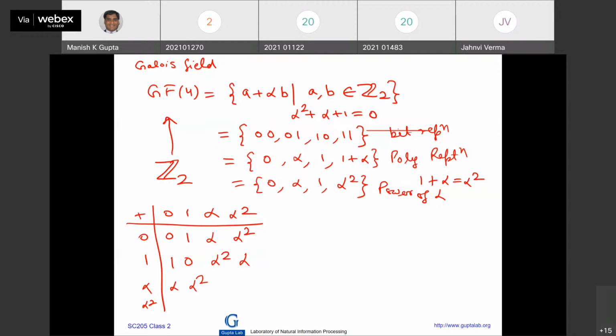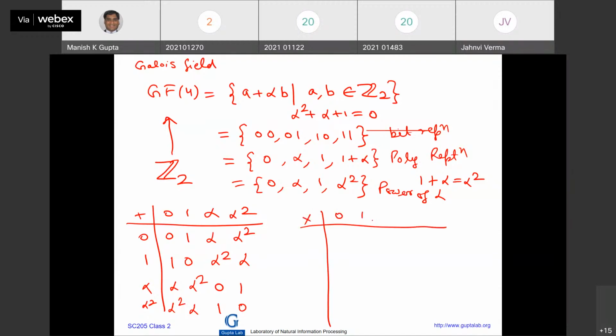Alpha plus alpha is 2 alpha. The ground field is Z2, so 2 means 0, so 2 alpha is 0. Alpha plus alpha square is 1. Alpha square plus 0 is alpha square. Alpha square plus 1 is alpha, alpha square plus alpha is 1, and alpha square plus alpha square is 2 alpha square, which is 0. Good.